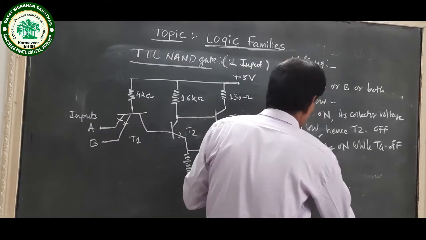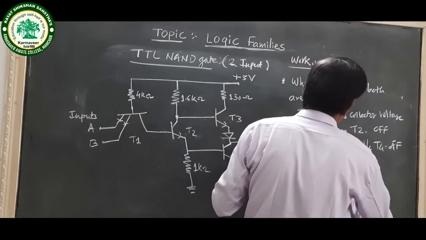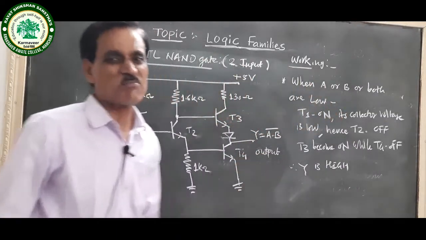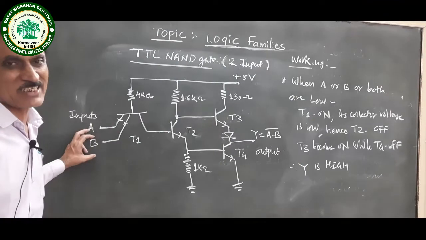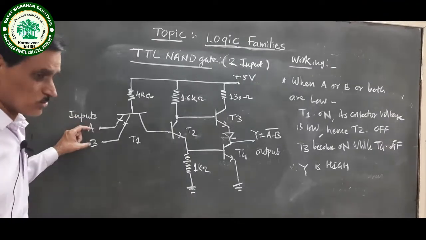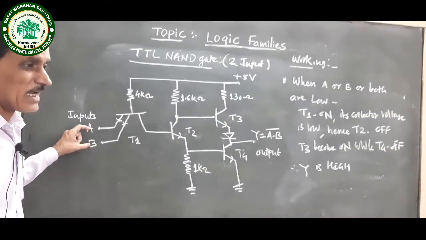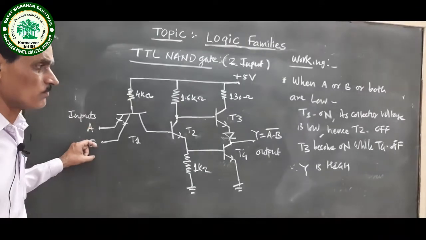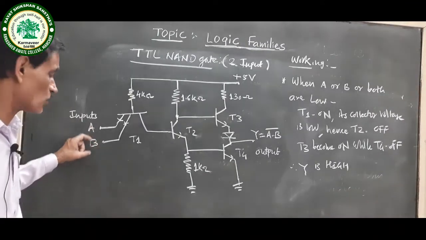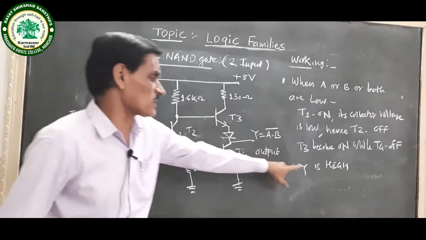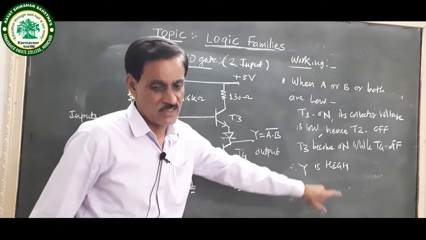Therefore, the output Y is high. Just to remember, for the 3 different cases, that is 0,0, 0,1 and 1,0, the output of the circuit is high.